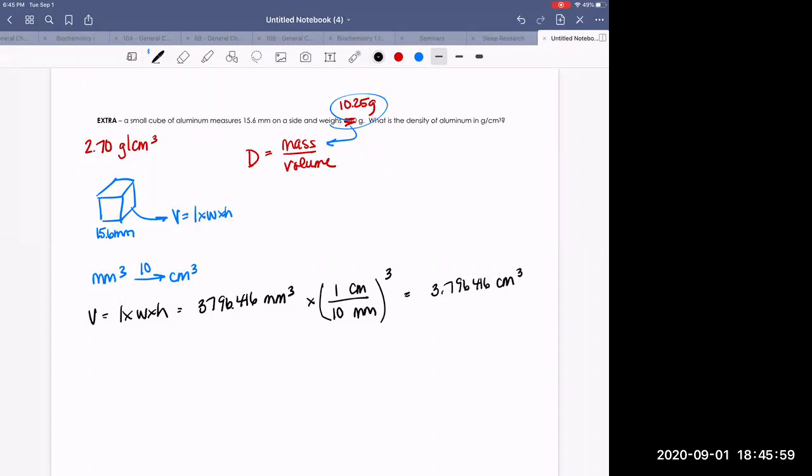Now, I probably didn't need to keep seven significant digits, but I'd probably keep five. And now I have my other piece that's going to go in here. So, pulling this all together, density is going to be equal to the mass that was given over the volume that I just figured out.